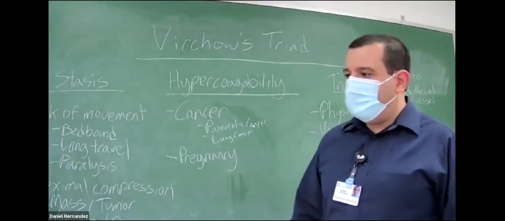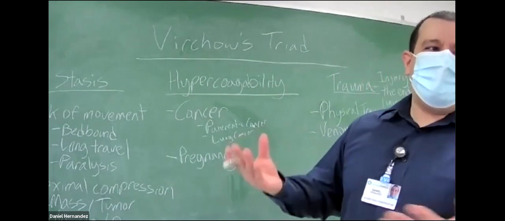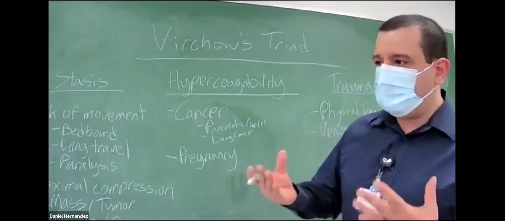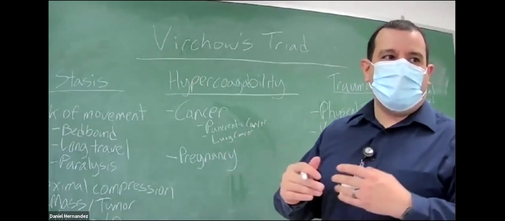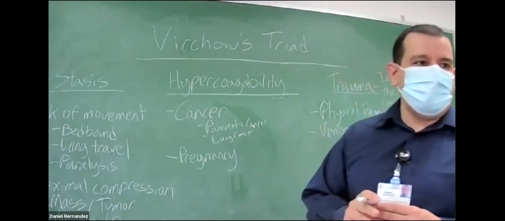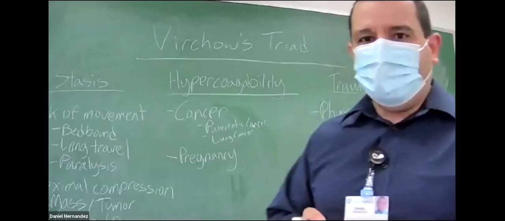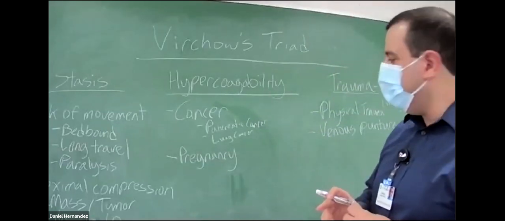This is in part a way for the body to help prepare the woman when she's about to give birth, so that she doesn't hemorrhage and bleed out. The body's going to increase clotting factors within the blood to help prevent that during the delivery.